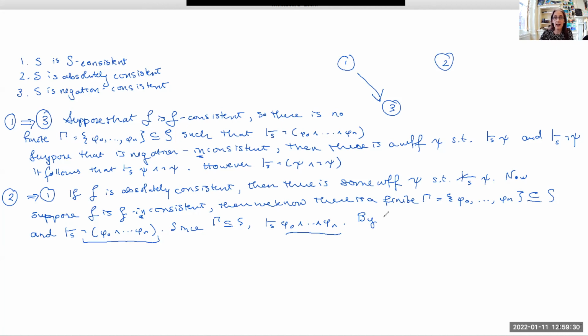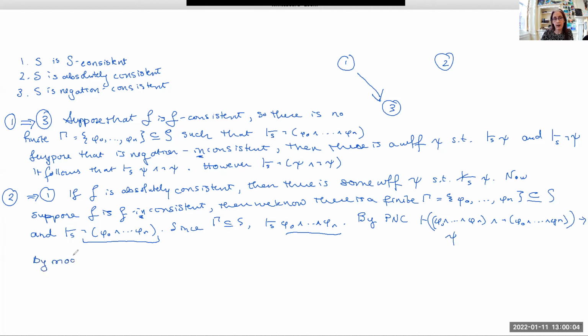What this means is that if we have both of these in our system, we can then derive through propositional tautological reasoning that if we have the conjunction of phi 1 to phi n and not that same conjunction, this together implies any formula whatsoever, including psi.